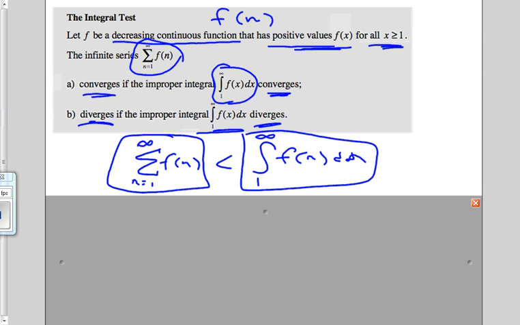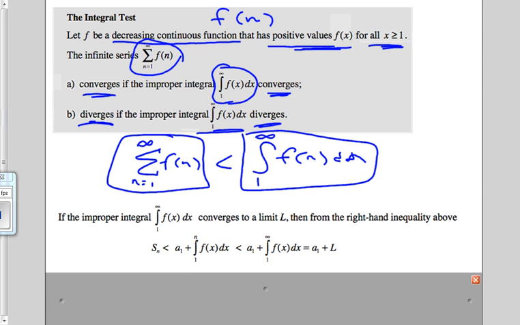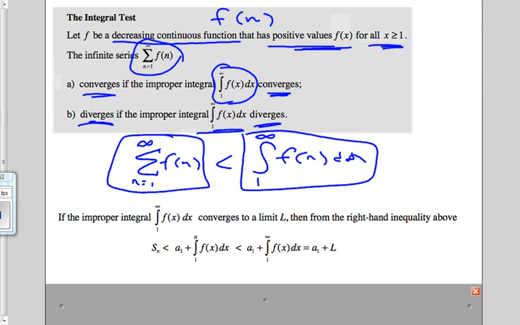So it's an interesting idea there, and written in a slightly more formal proof here, which says the sum of the n terms must be less than, using the logic before, the first term plus all the subsequent terms from 1 to n, and that the first term plus the sum of all terms from 1 to n of f of x dx must be less than the first term plus the integral from 1 to infinity of f of x dx.